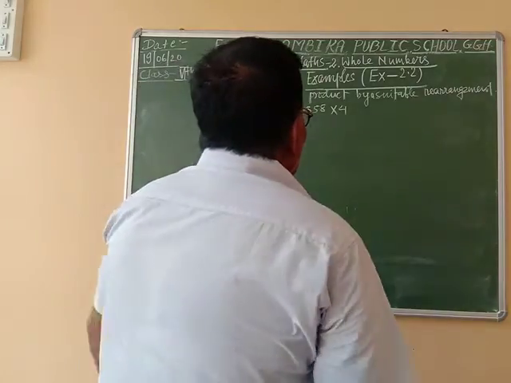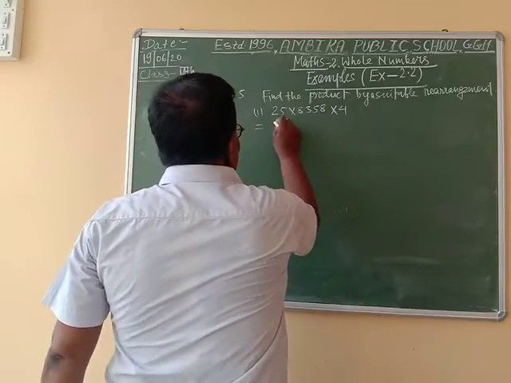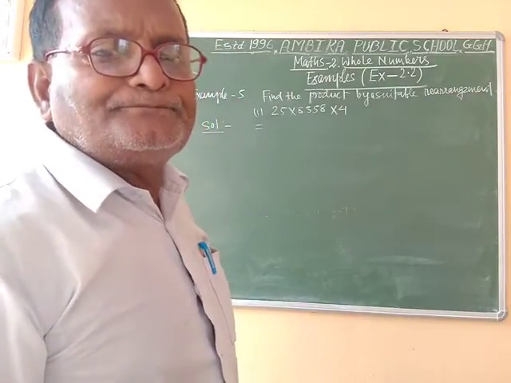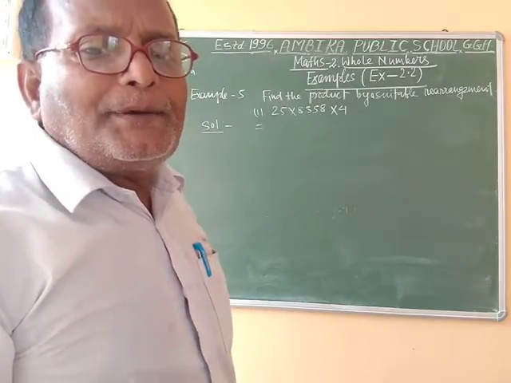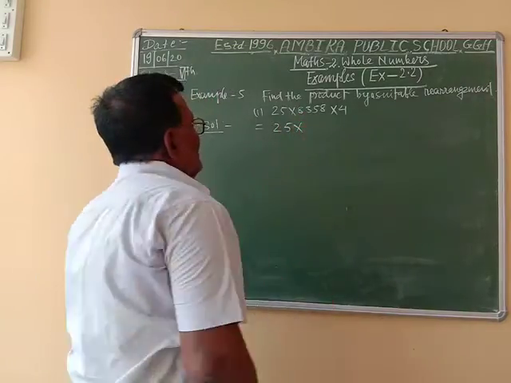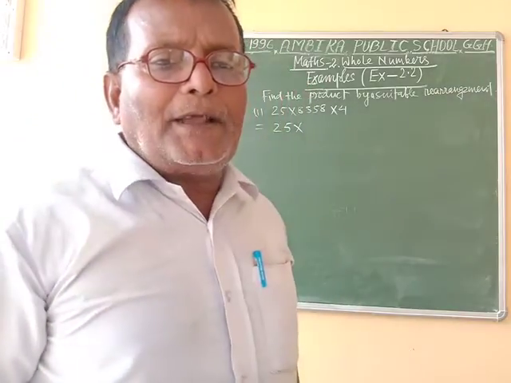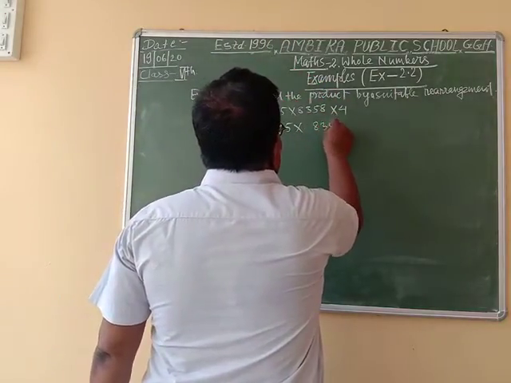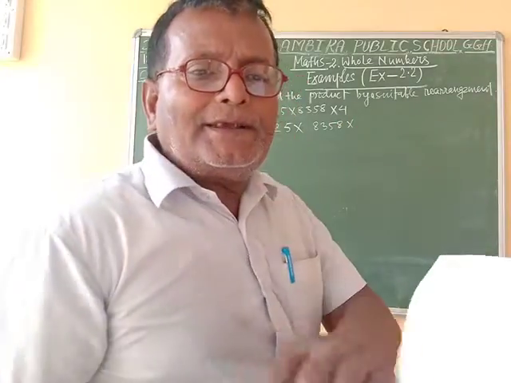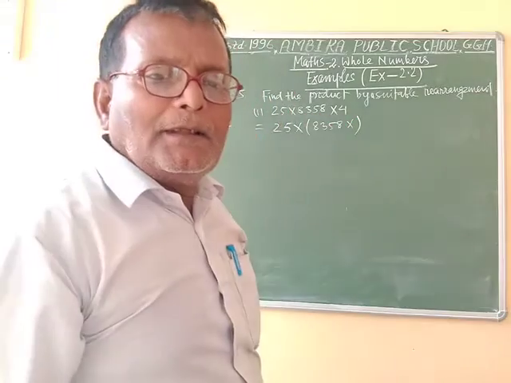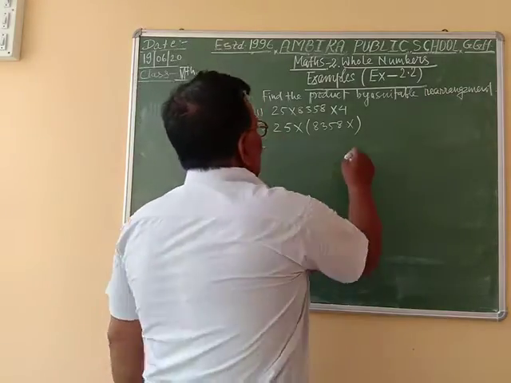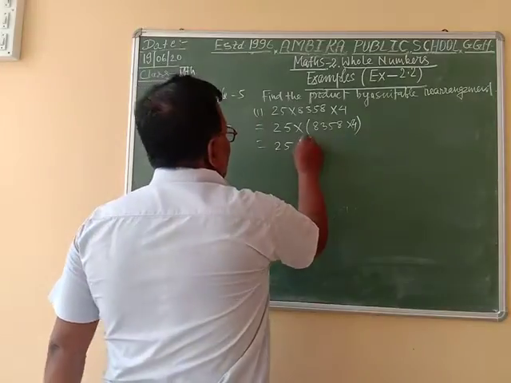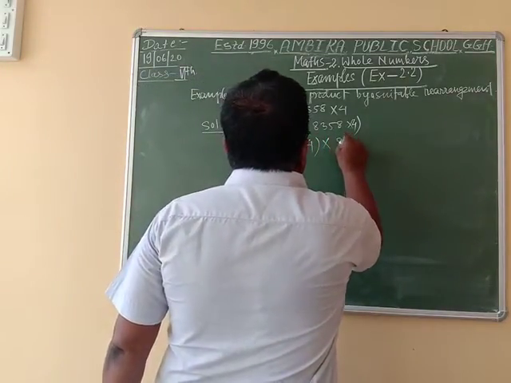So we rearrange and write 25 into 4 multiplied by 8358.